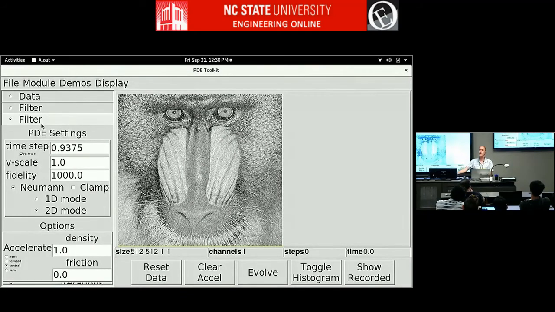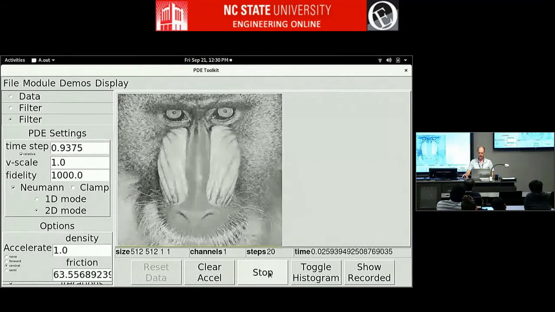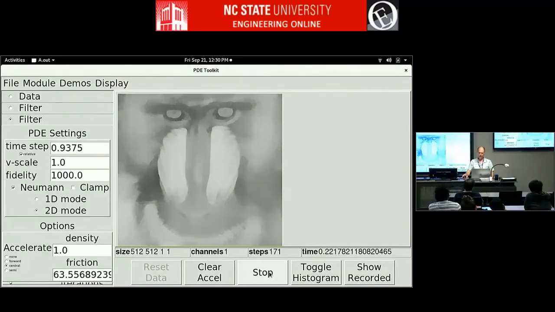So you don't have to guess the dissipation parameter. You can formulate it based on your regularity operator. Using that, here is the accelerated descent. All right, and you can see after about 100 iterations, it's there.